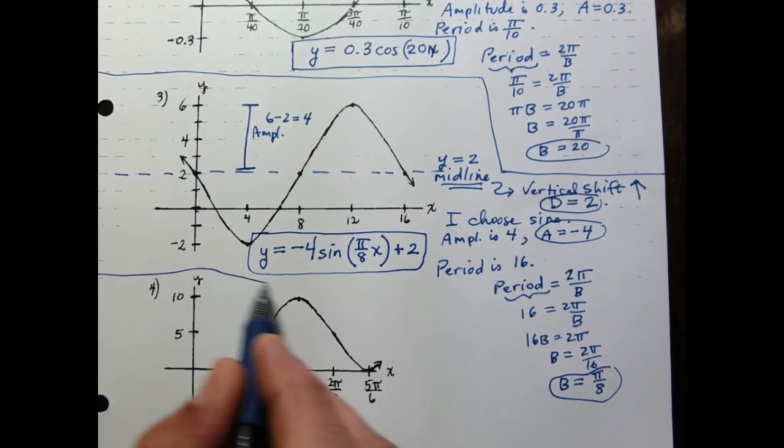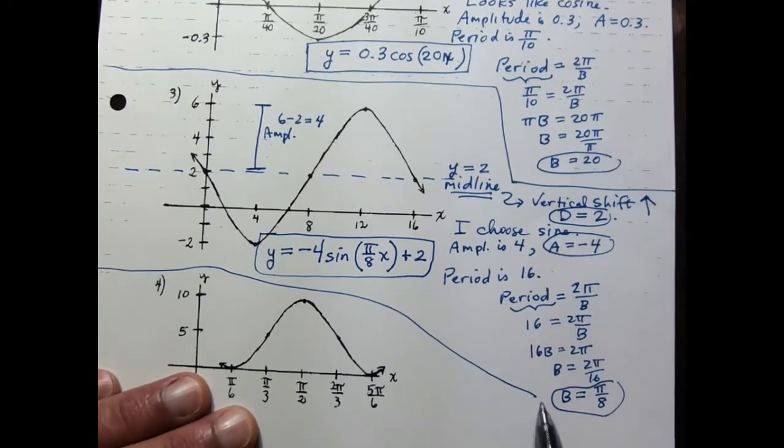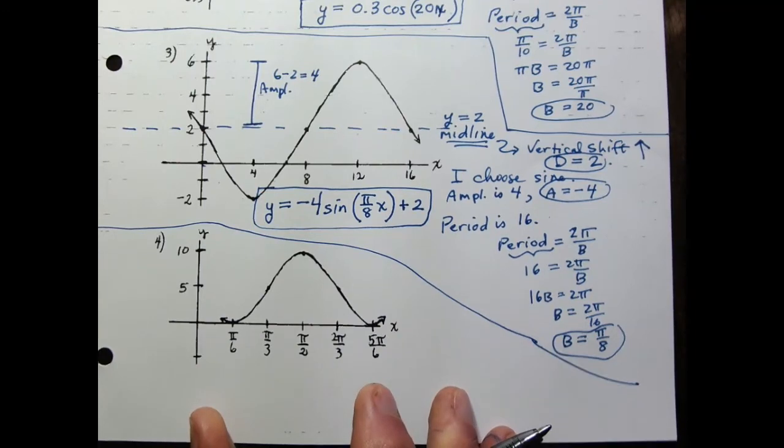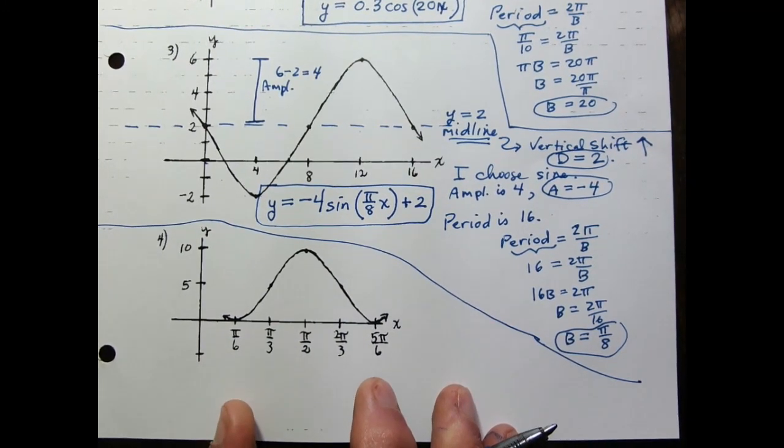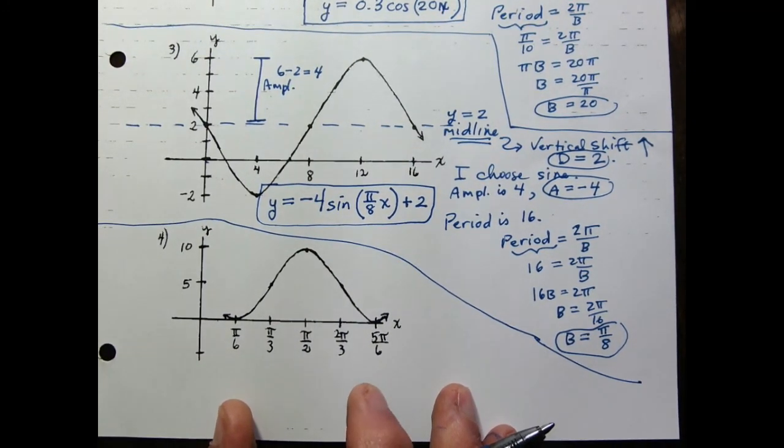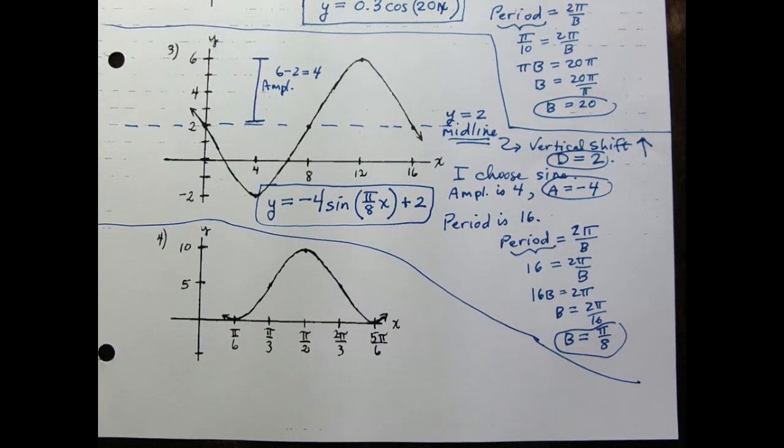So we got number 1, number 2, and number 3, and I'm kind of running out of room here. So I think I'm going to do number 4 in a separate video.